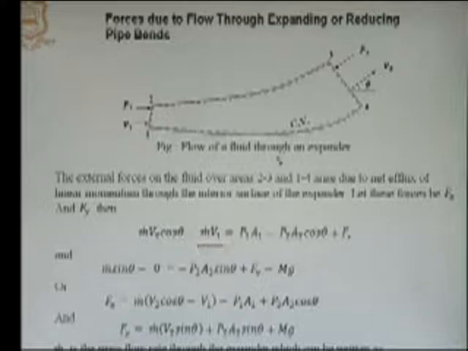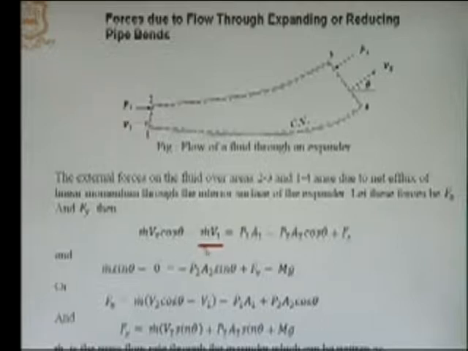minus B in plus B out, in the direction, since momentum is a vector quantity. So, we have to take care of the direction. This is the momentum going inside the control volume in x direction, because V1 is in x direction, but V2 is in some other direction. So, we have to take component of this momentum in x direction only.